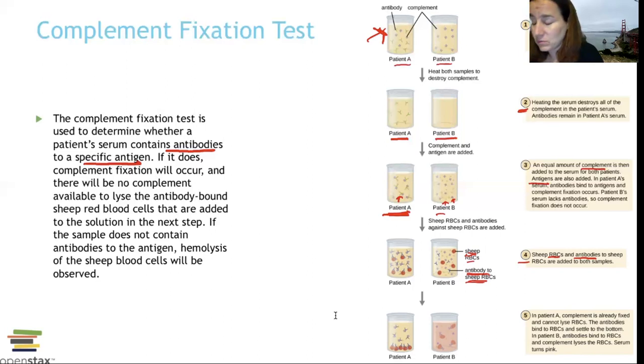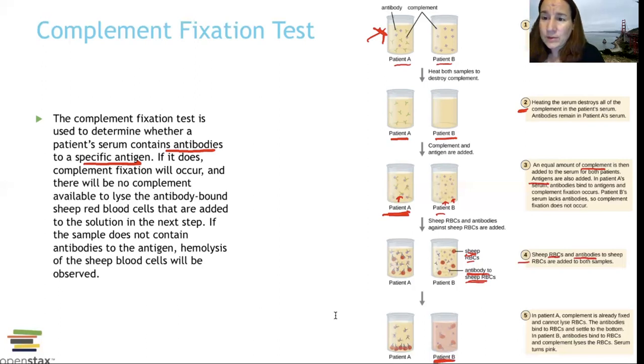That's the job. So in patient B, we are going to have the antibodies to the red blood cell attach onto the cells, but instead of just dropping down and doing nothing, complement attaches on, and then we are going to end up rupturing the cell, which is the job of the complement system. So when we rupture the red blood cells, they're going to lyse and the water's going to turn pink.